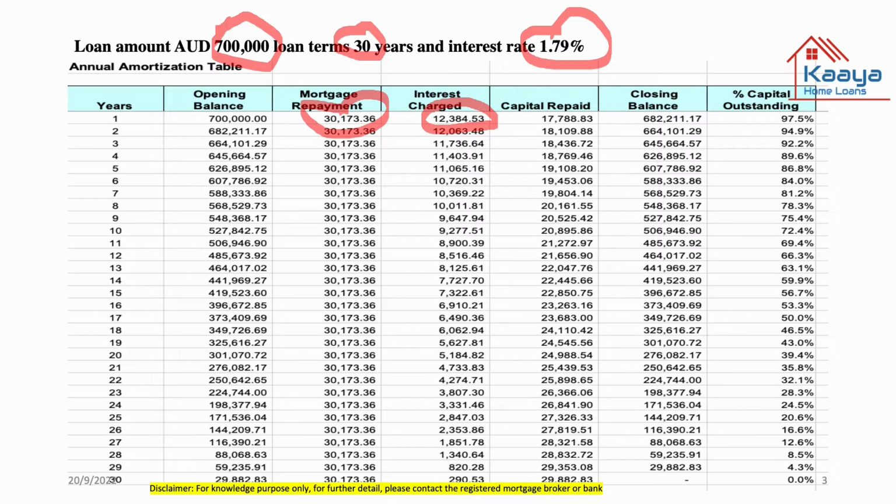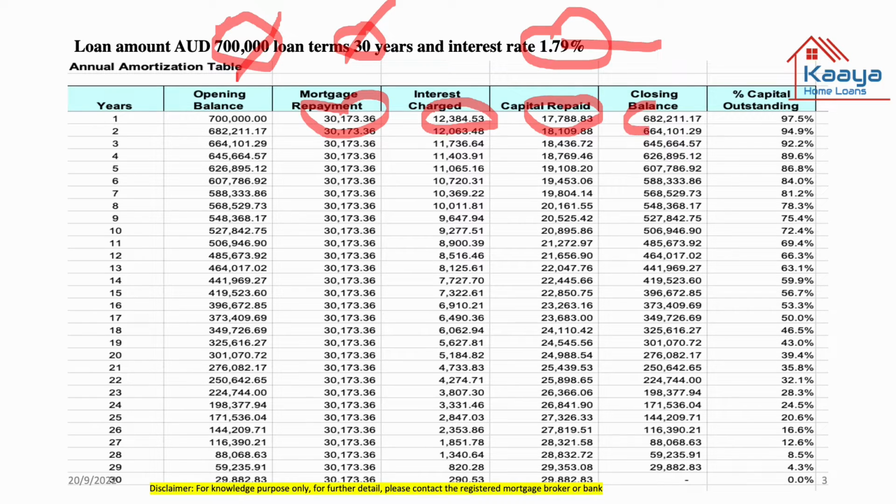So your interest will be 12,384 and your principal will be 17,784. The mortgage payment will be comparatively low with a lower interest rate than a higher interest rate, no matter what the loan term and loan amount are.